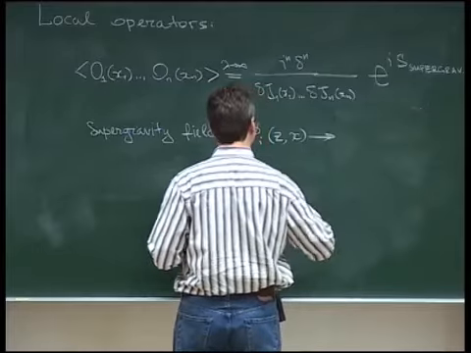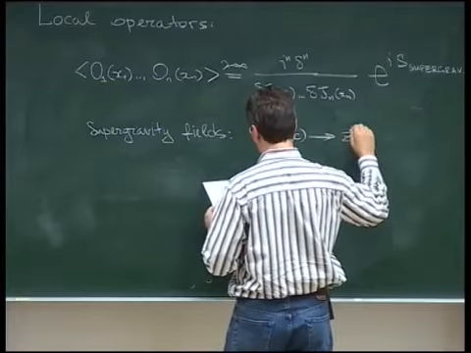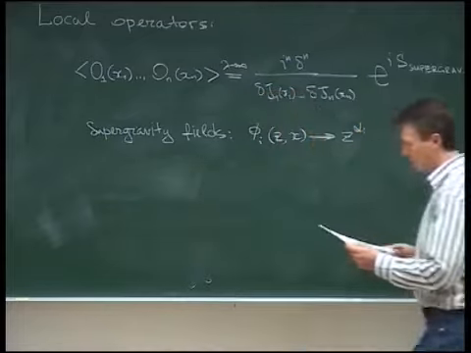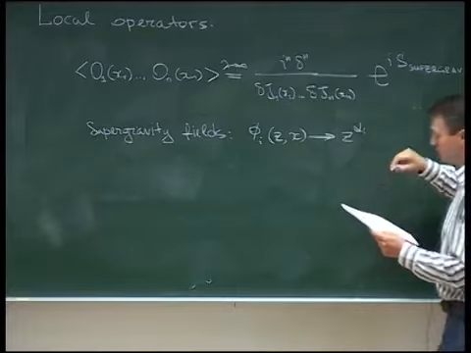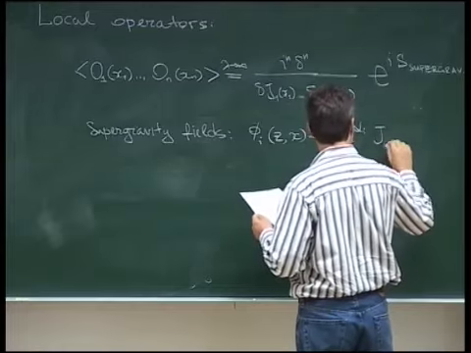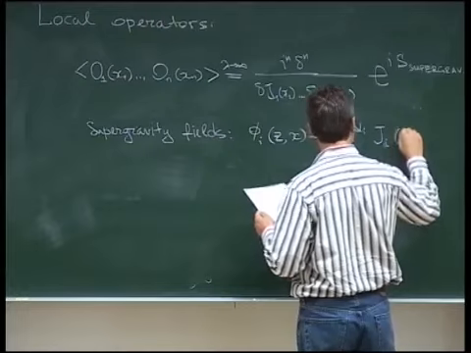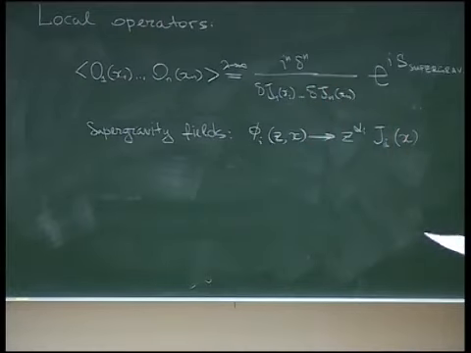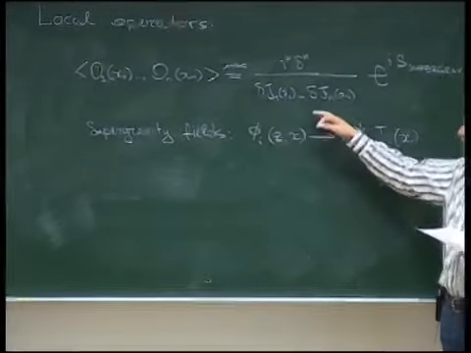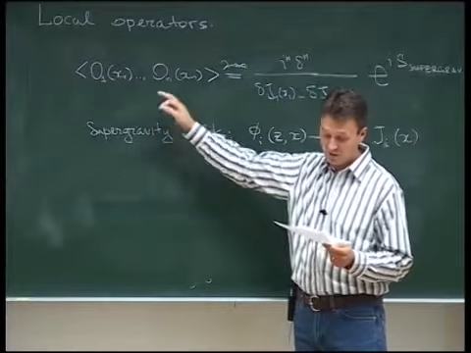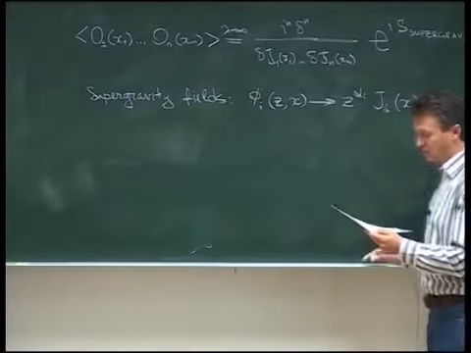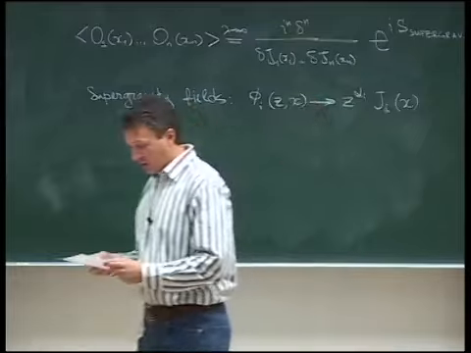And when they approach the boundary, they do it in a power-like way with z, and the coefficient in front of this leading power is what we'll call the source. So then computing it for arbitrary sources and taking variational derivative, we should get the correlation function. So this is a prescription to calculate it.